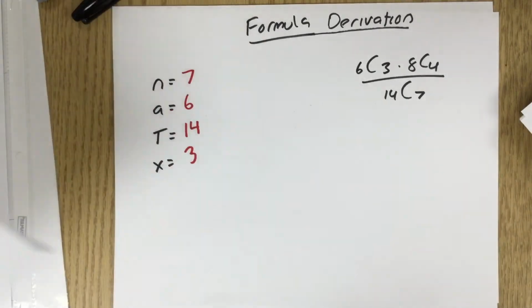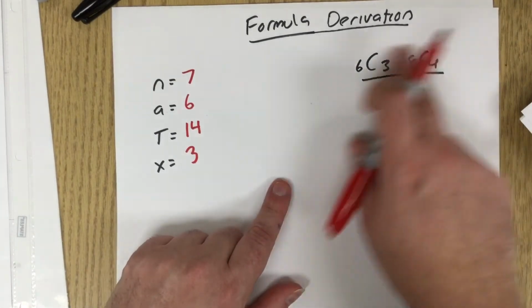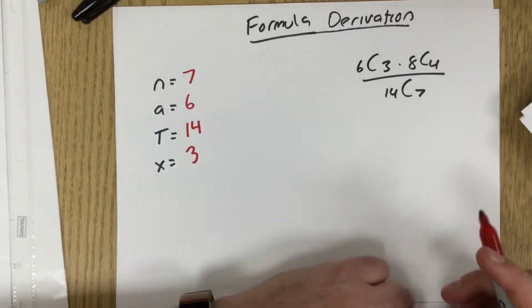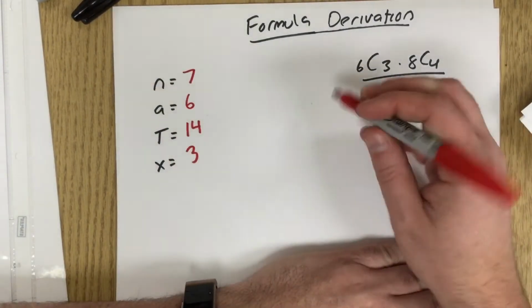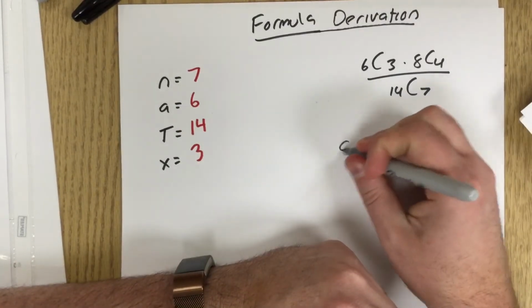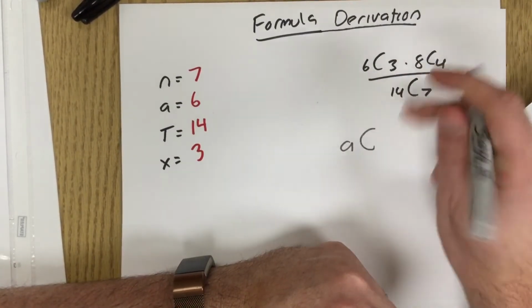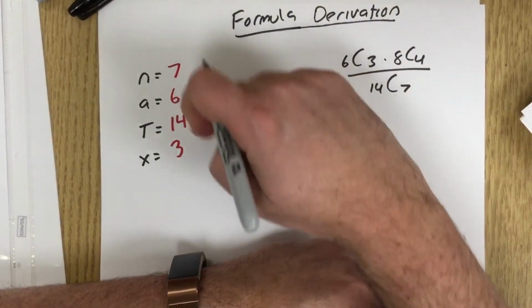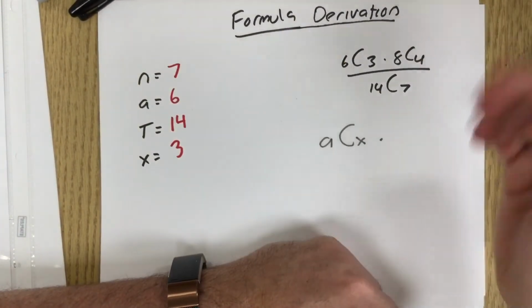So putting it all together, that was our calculation. We did 6 choose 3 times 8 choose 4 over 14 choose 7. So it looks like the 6 is the A, choose X. The 8 comes from the total minus the successes. We're basically counting the number of failures.